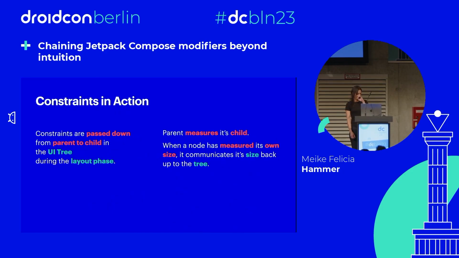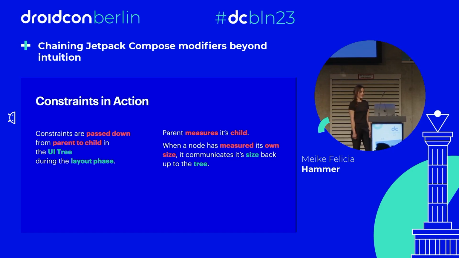So now you know the different types of constraints, but probably still wonder how they come into action, what their life cycle is. Actually, they are always passed down from parent to child inside the UI tree during our layout phase. Each parent measures its child, and then when it knows its own size, it communicates the size back up the UI tree.